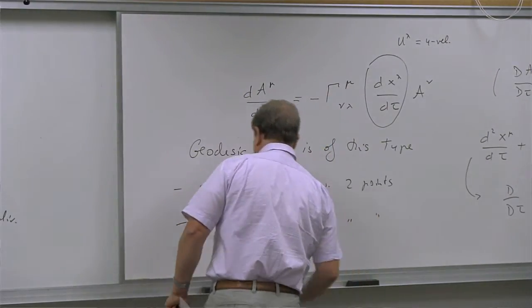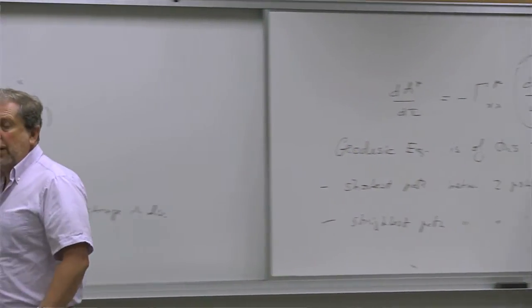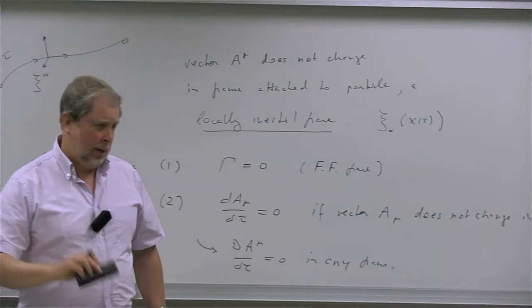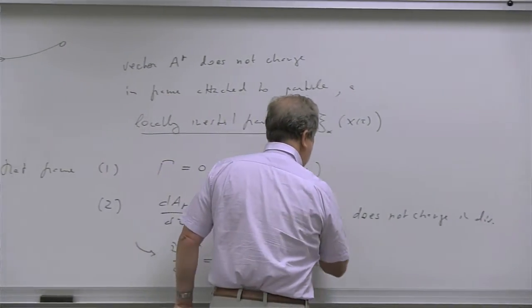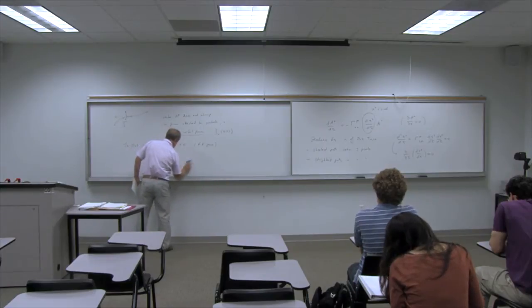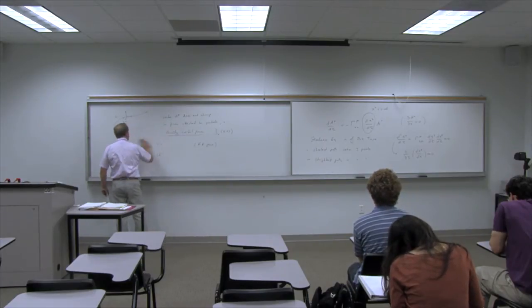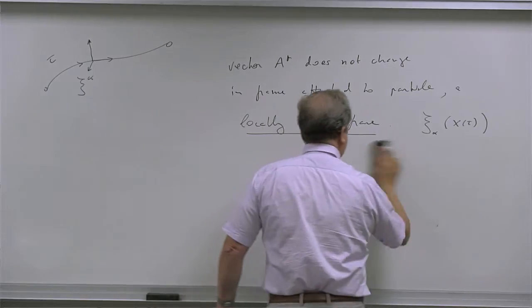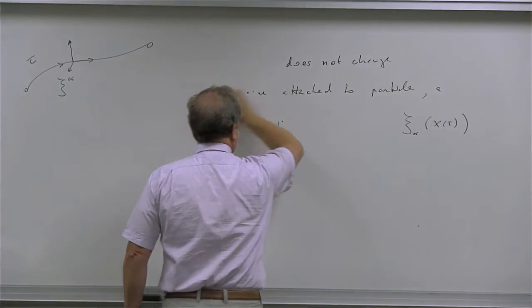Between 2 points. So the geodesic corresponds to a line where the velocity, the 4 velocity, is not rotating in the frame that is attached with the particle.